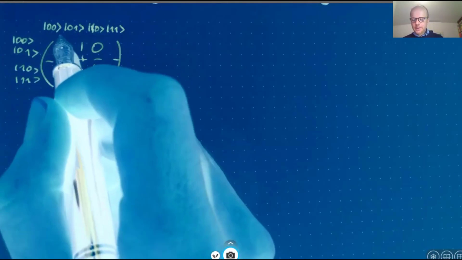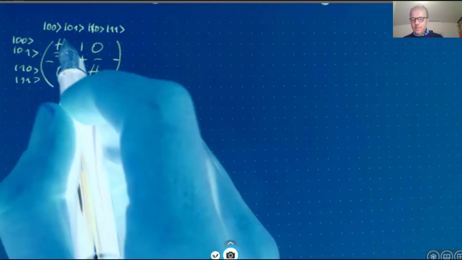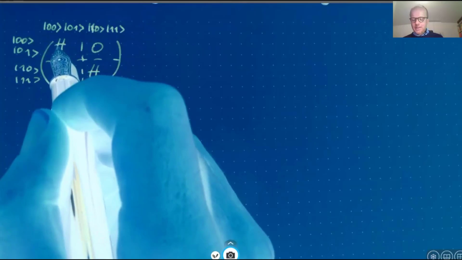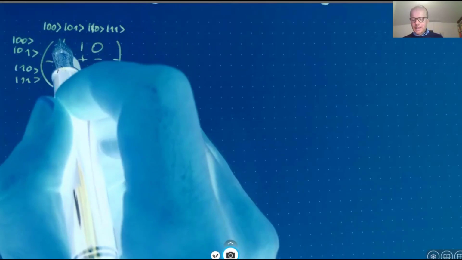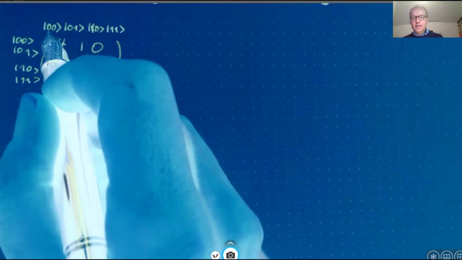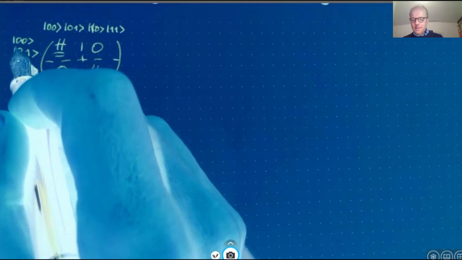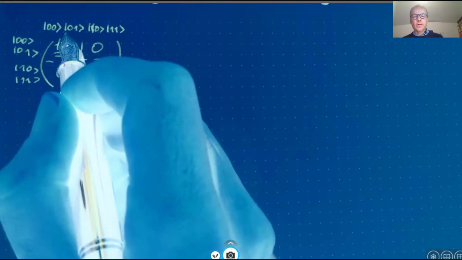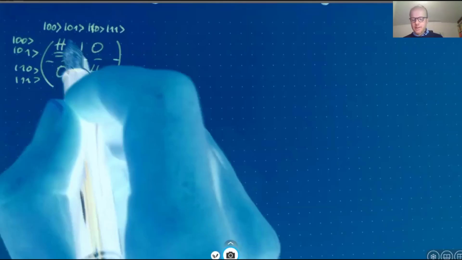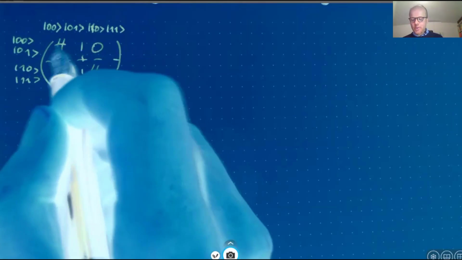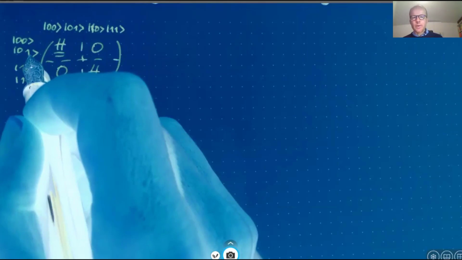So this Hadamard here basically has an effect inside the subspace. So the control qubit is in basis state 0, and it's not changed at all by this Hadamard. Now this Hadamard here has an effect only on the target qubit, on the second one.